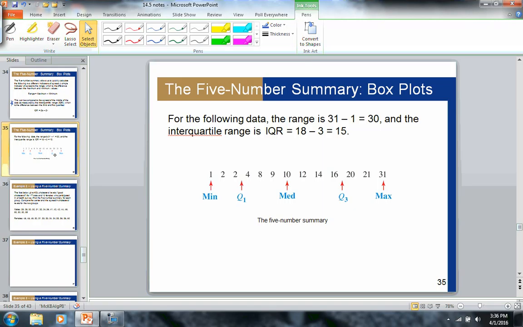Okay, so here again, if we look at the same data set, it says that the range is 31 minus 1, which is 30. So I mentioned that earlier. But then it does show that our Q3 value is 18, and then our Q1 value is 3. So if we subtracted those, that's 15. Okay.